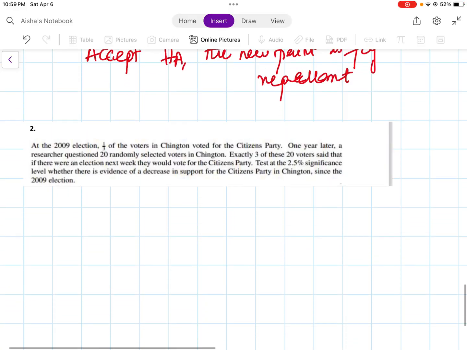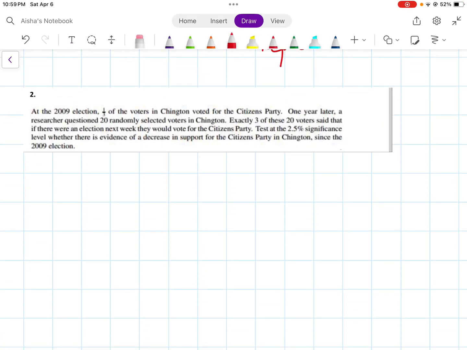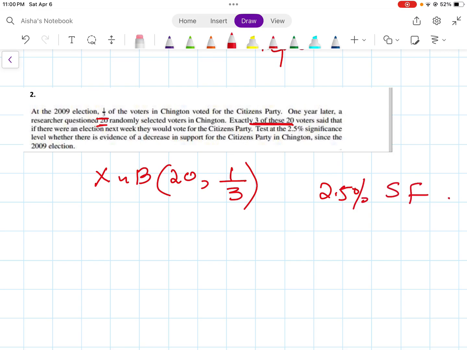1/3 of the voters in Shington voted for the Citizens Party. 1 year later, a researcher questioned 20 randomly selected. Exactly 3 of these voters said. So this is clearly binomial because they have given you the probability of success. They are asking 20 randomly selected, and they are saying 1/3 of voters vote for the Citizens Party. Exactly 3 of these voters said that there was an election next week, test at the 2.5% significance level whether there is a decrease in the support.